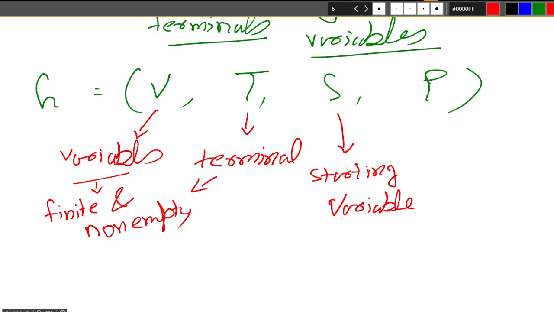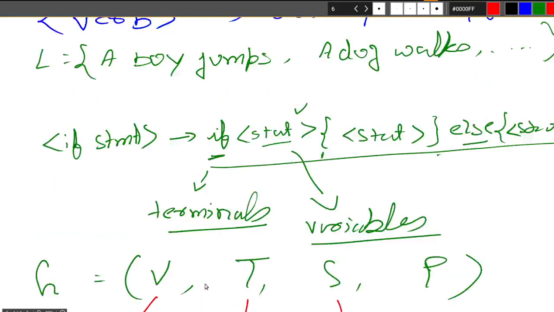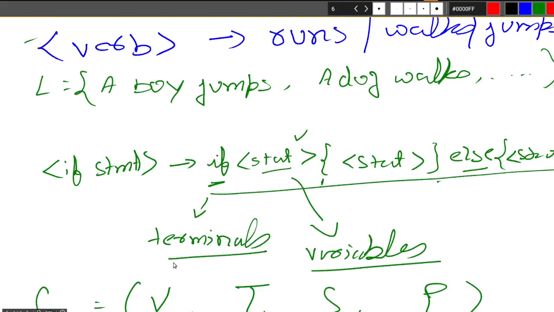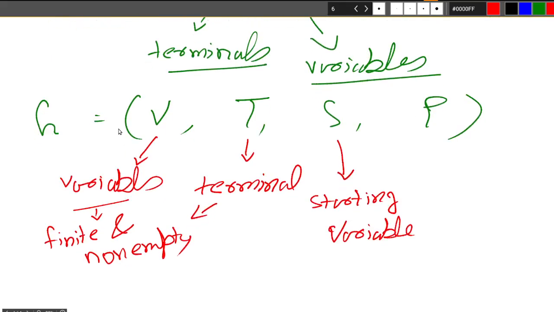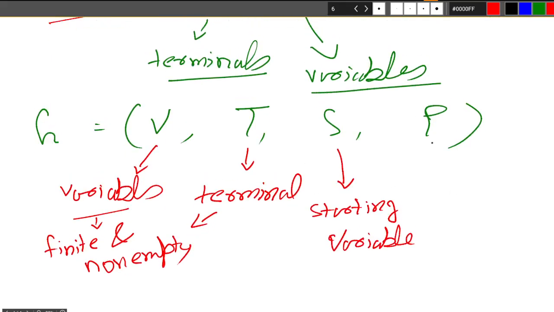Suppose in your example you have seen a sentence, or above we have seen an if statement. So in your grammar for this if statement there are several variables and terminals you can see. However, the if statement is the starting variable. Now this is the P for production rules.